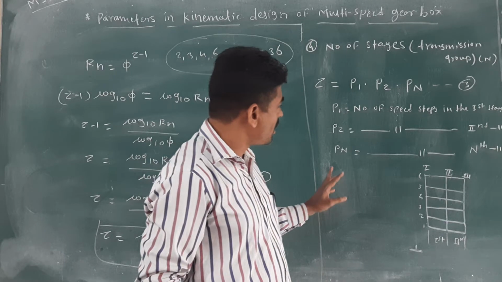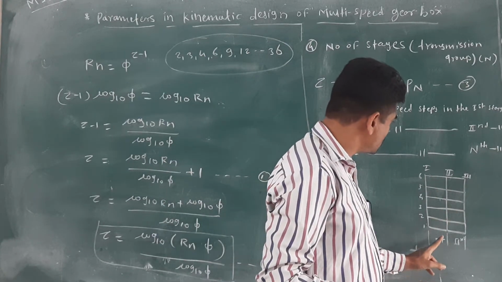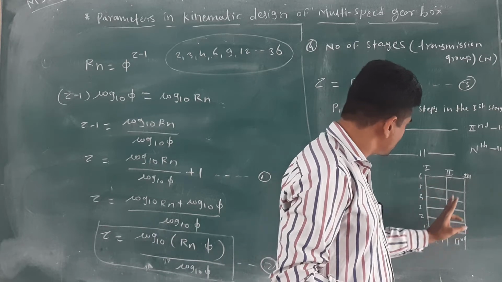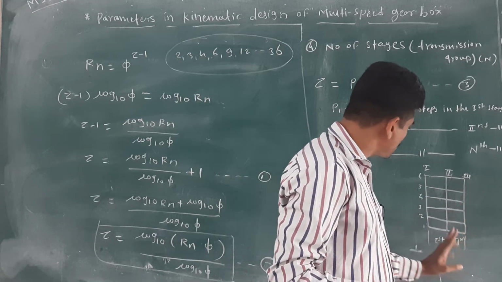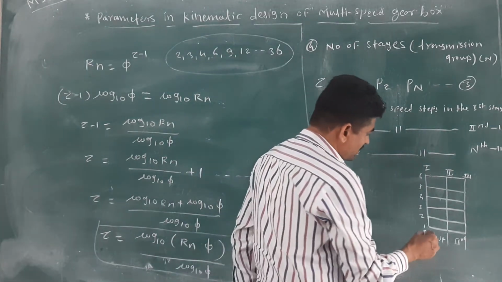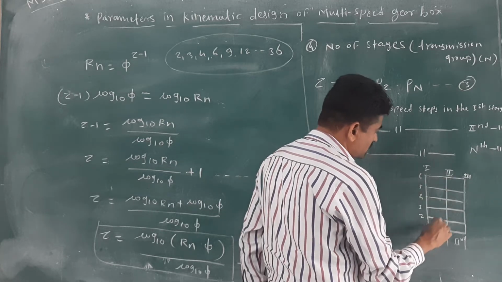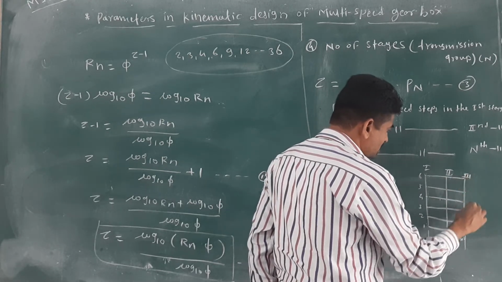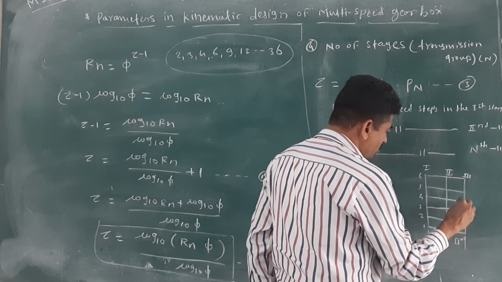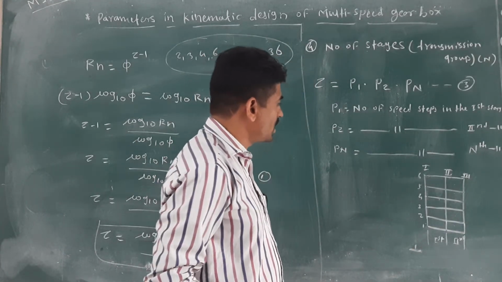What I have told you is that all stages should have the same number of speed steps. Check that: in the first stage we have 6 speed steps, and again in the second stage we have 6 speed steps. Okay, these are equal.